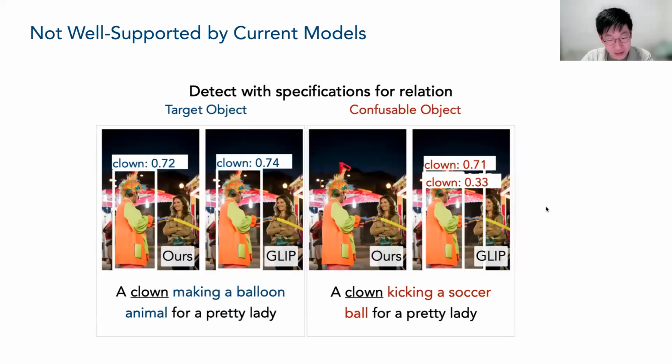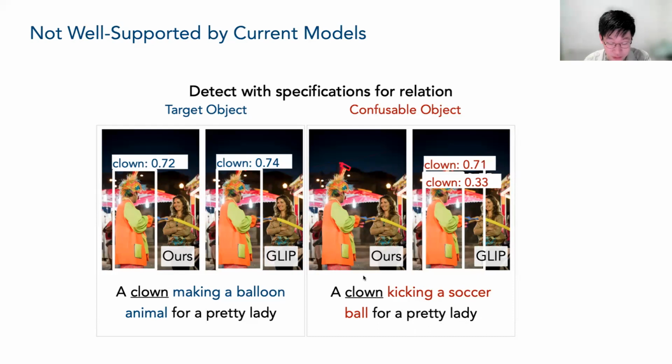Another case is you query with more of a natural caption or sentence, and people might think this is even easier because you are closer to your pre-training distribution. But still, you can see the model exhibits a kind of hallucination. The first caption is a clown making a balloon animal for a pretty lady, and the second one is a clown kicking a soccer ball for a pretty lady.